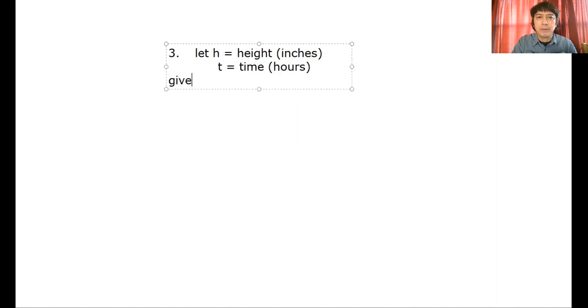Okay, so for the given, we're now going to have the initial height at time 0, that will be our 6 inches there. And then our slope m is a negative, because this time our output is going down, decreasing. So in a drawing, that will be sloping downward to the right. And so this will be a negative 1/2 there, negative 1/2.